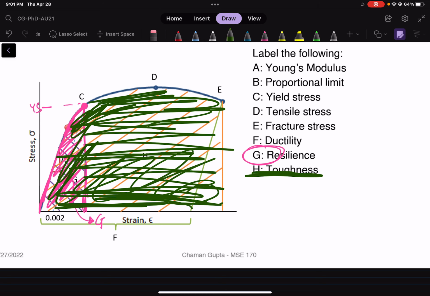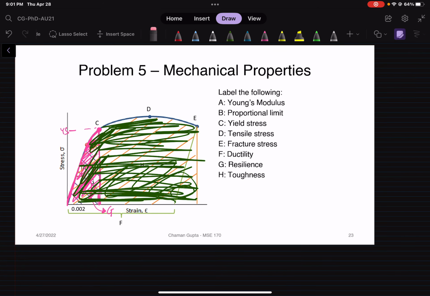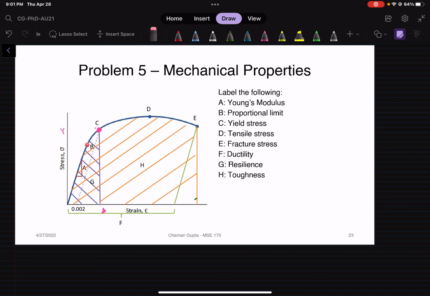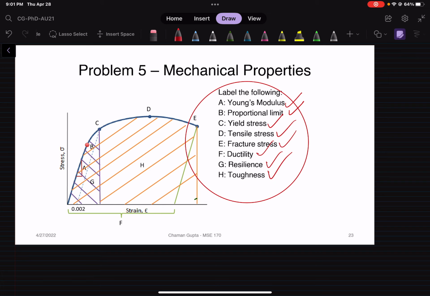All right. So this sort of summarizes your entire plot of the stress strain curve, the different important properties: the Young's modulus, proportional limit, yield stress, tensile stress, fracture stress, ductility, resilience, and toughness. Very important mechanical properties of a material.